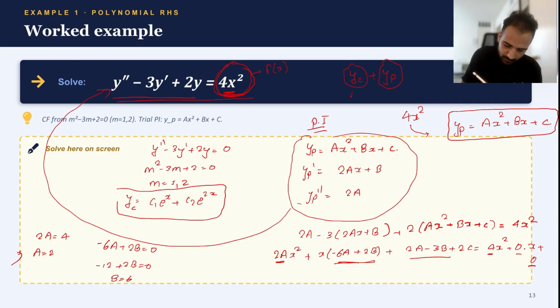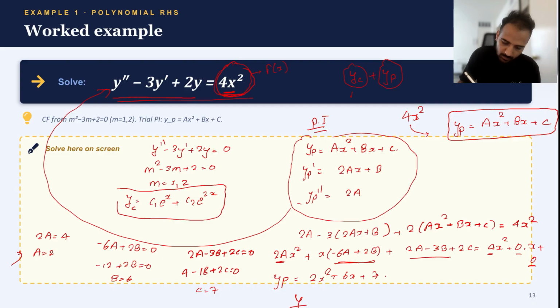B is solved. Now for the third, 2a minus 3b plus 2c equals 0. 2 times a means 4, 3 times 6 is 18, plus 2c equals 0, that means c equals 7. Therefore your yp will be nothing but 2x square plus 6x plus 7.